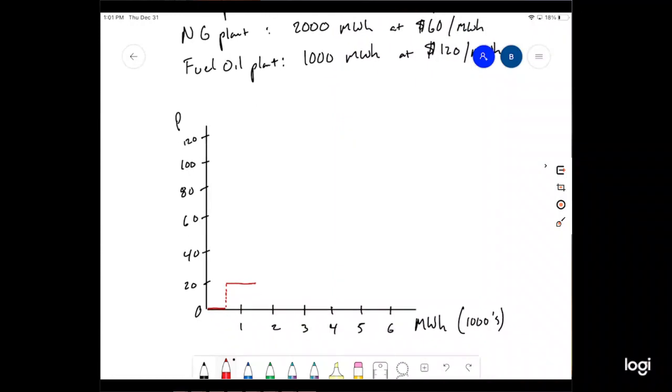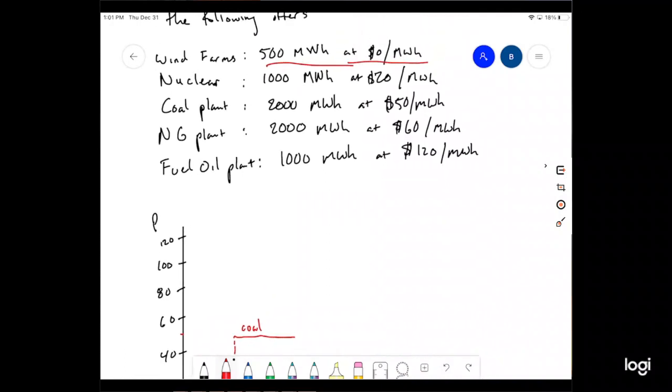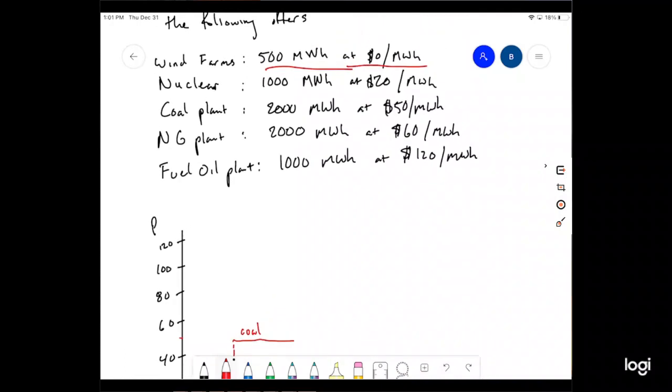So 2,000 at $50, so that's going to be about here. And we'll add on an additional 2,000. So 1,000, 2,000. So this is coal, nuke, wind. Those are their capacities.